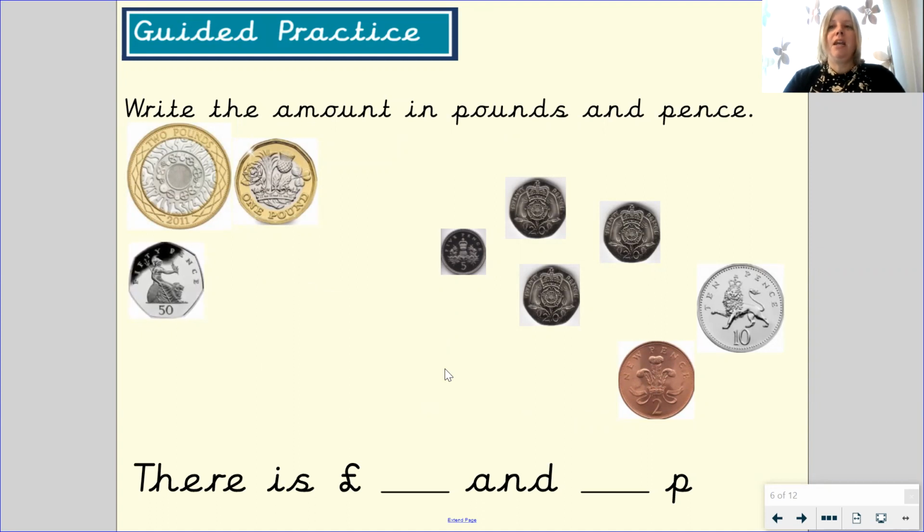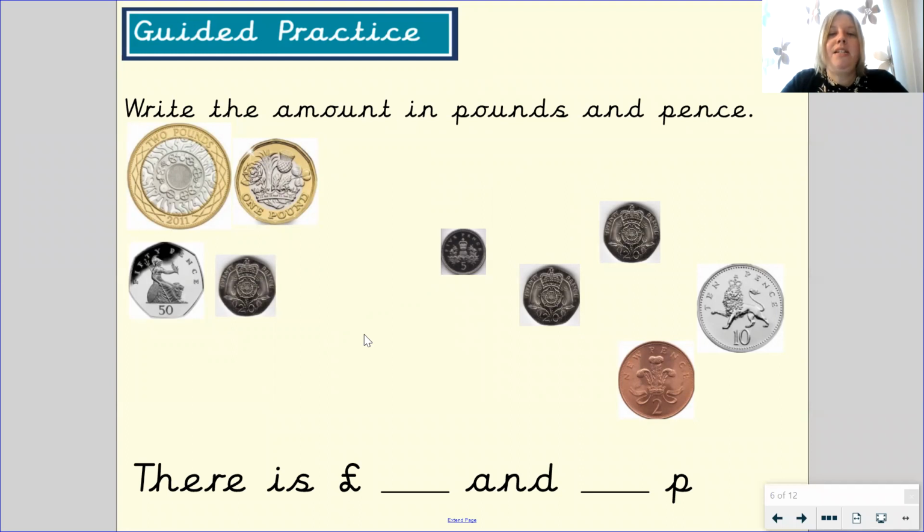Then I'm going to keep going to see if I can add coins to it to make 100 pence and another pound. So I'm going to take a 20 pence coin and place this over here. Using your knowledge of number facts, can you add 50 pence and 20 pence together? How much do you have?